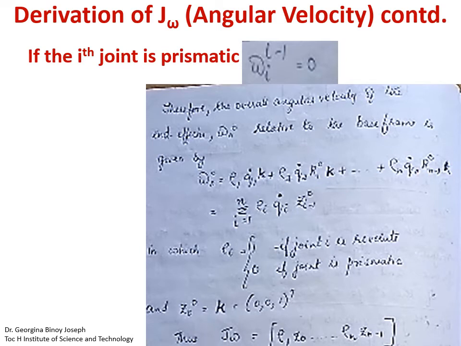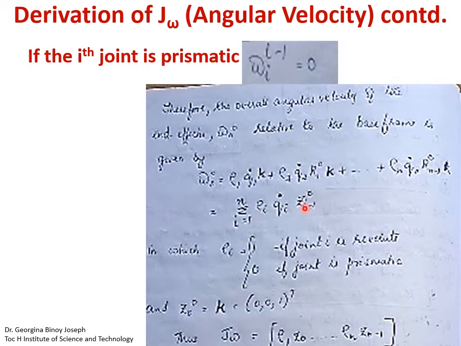So now J omega can be written. You just take out these q terms from here because we are going to write it as J omega into q dot, where q is the vector of the joint variables, that is [q1, q2, etc.] transpose. So just take out these things. What is left behind? I have got from here rho 1 z i minus 1 to 0.